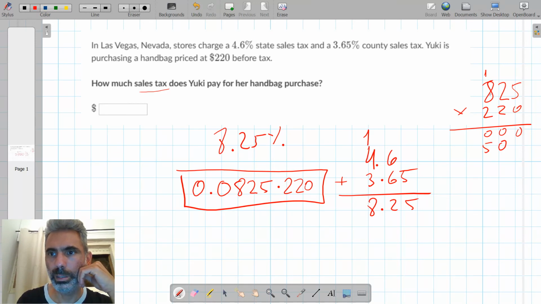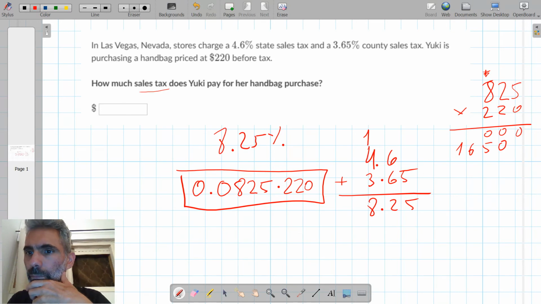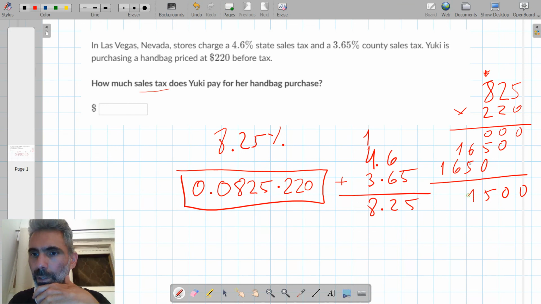And 2 times 8 is 16. 2 times 5 is 10. Okay, so 0, 0, 5, 6 plus 5 is 11, 2 plus 6 is 8, and 1.